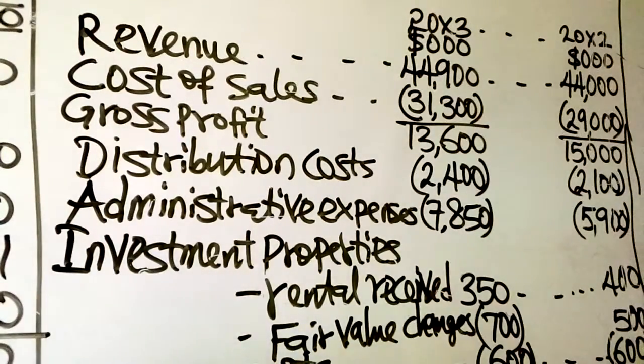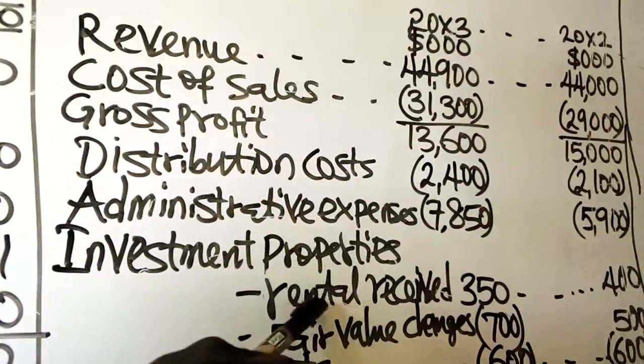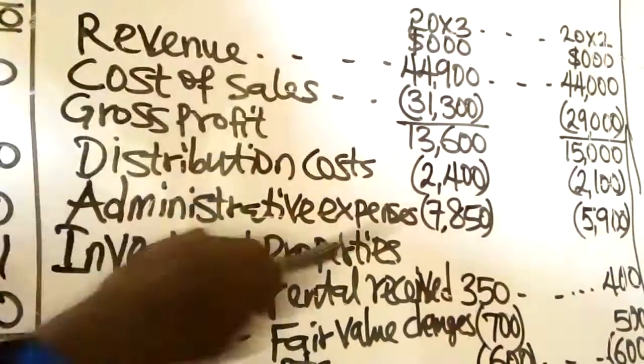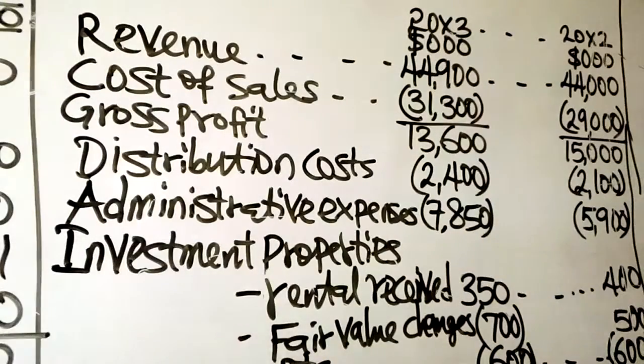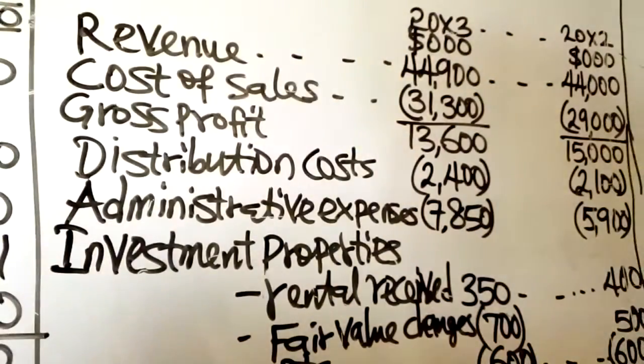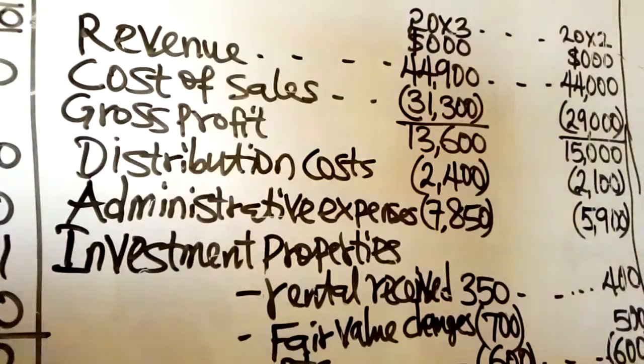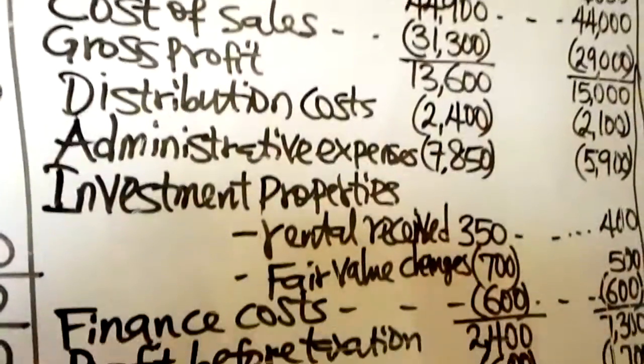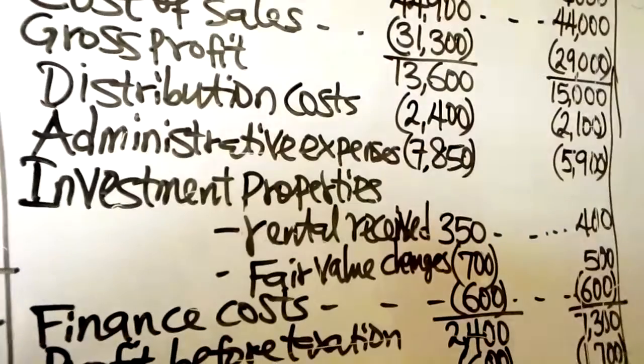Investment properties, that is an investing activity. That means the rental received on investment properties will fall under investing activities. Since those items have been used before arriving at the profit before tax, you will need to adjust them.